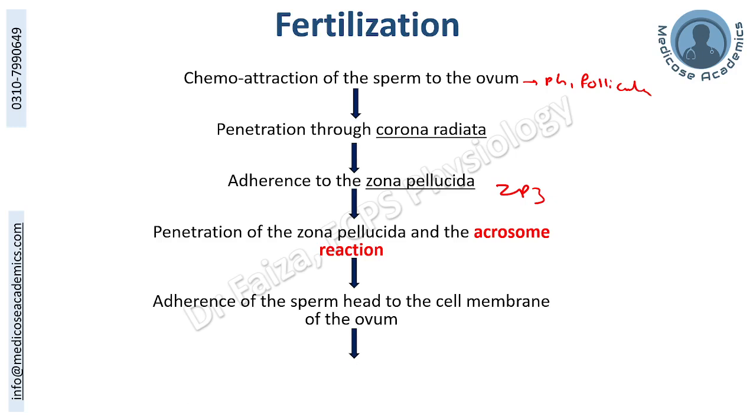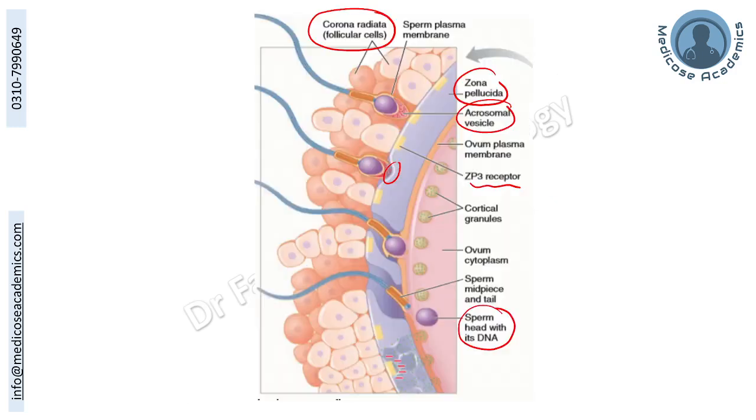Now, let me show you the image again. When we looked at this, you would have appreciated these cortical granules. As the sperm head attaches to the cell membrane of the ovum, these cortical granules are also released and they change the potential of the ovum membrane. How do they do it? They decrease the potential. As you can see, this is being released.